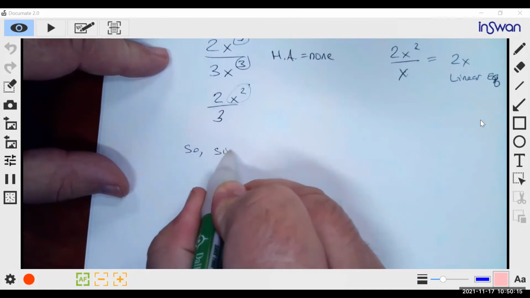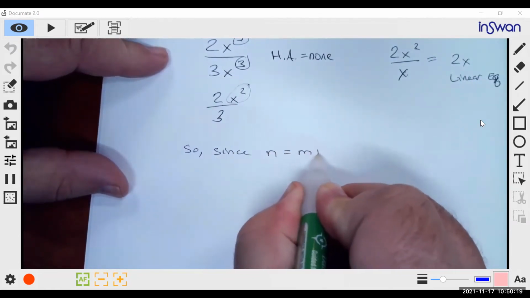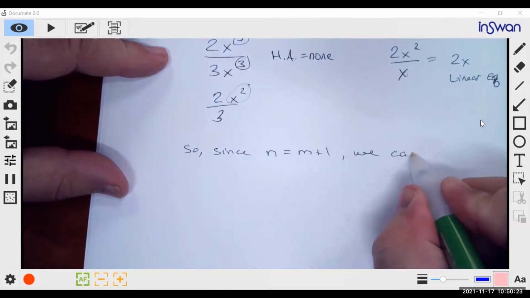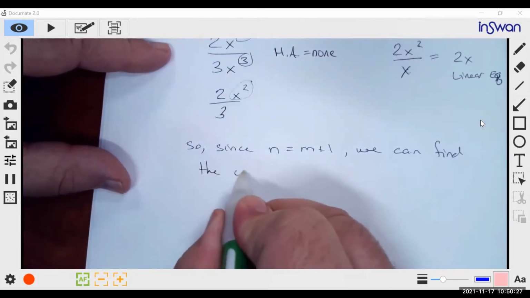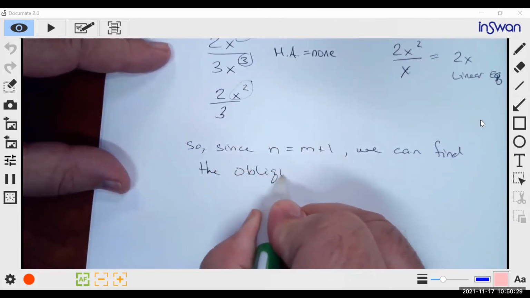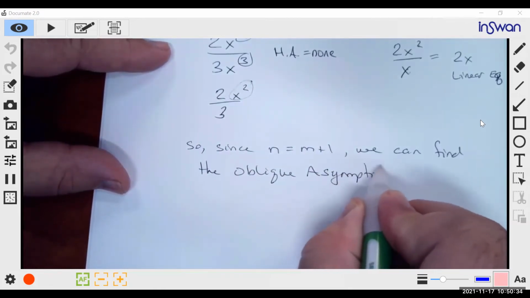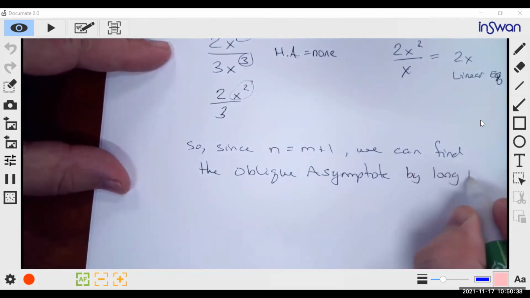So since n is equal to m plus 1, we can find the oblique asymptote by long division.